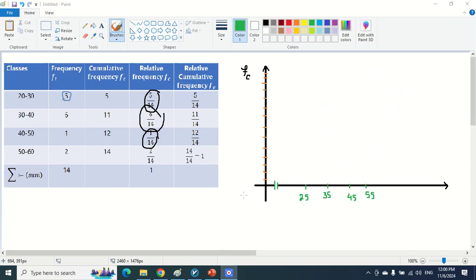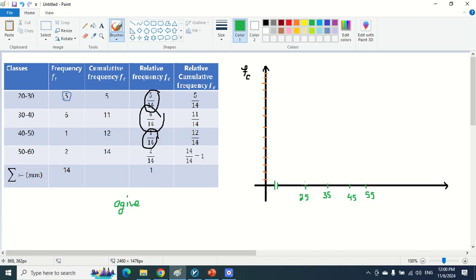Another type of chart that is important is an Ogive graph. This Ogive graph is written like this. For writing this Ogive graph, we use the class mark on the x line and cumulative frequency or relative cumulative frequency for the y line.